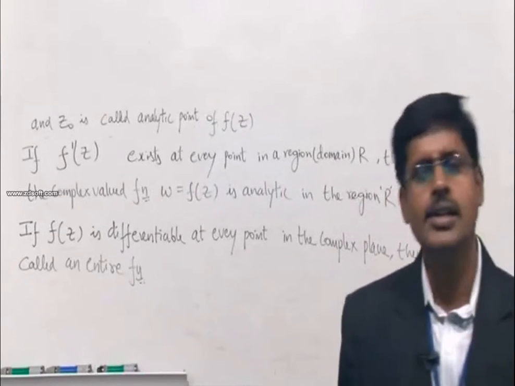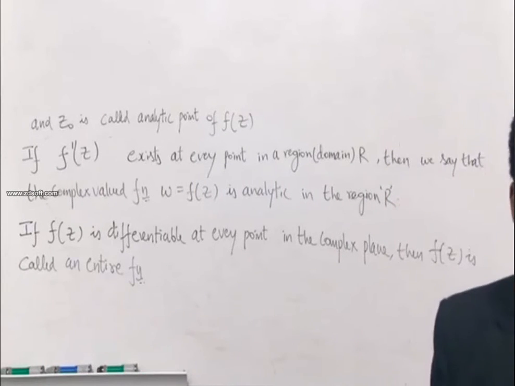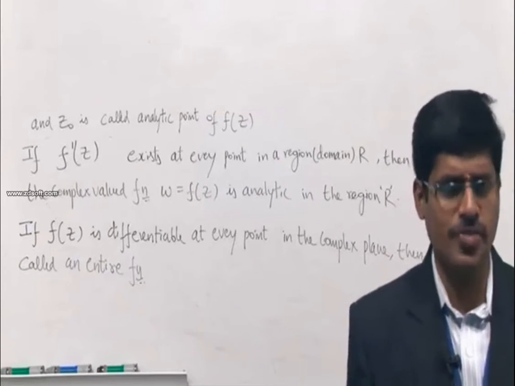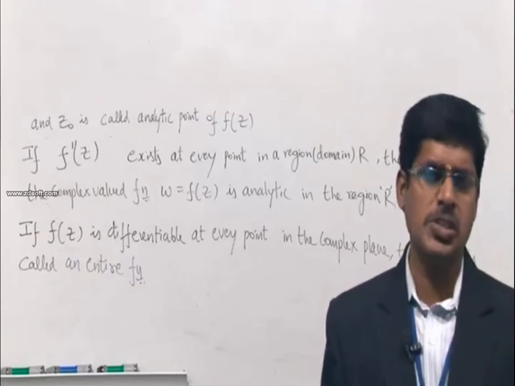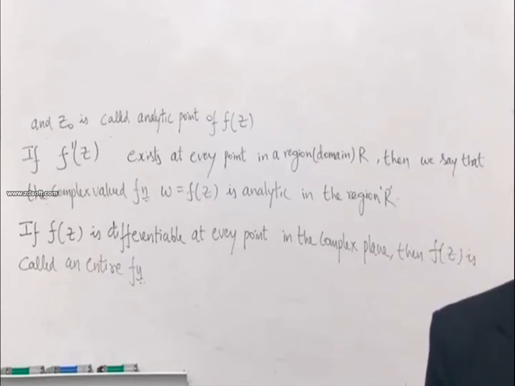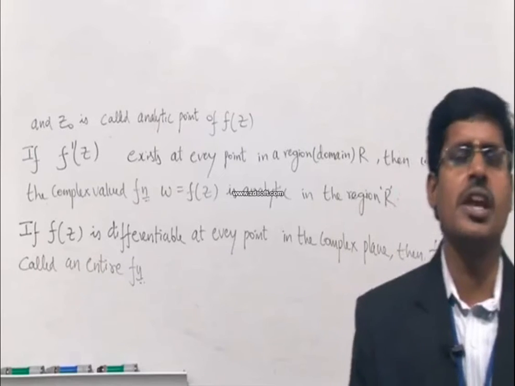The name itself is entire. What are such standard functions? Sin z, everywhere differentiable. Cos z, everywhere differentiable. E power z, exponential z, everywhere differentiable. Polynomial function, everywhere differentiable. Constant function, everywhere differentiable.